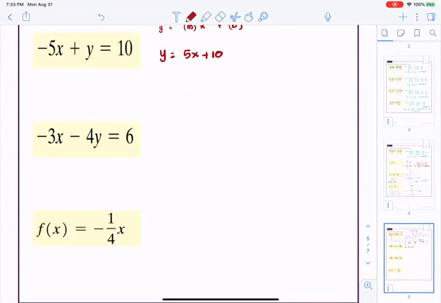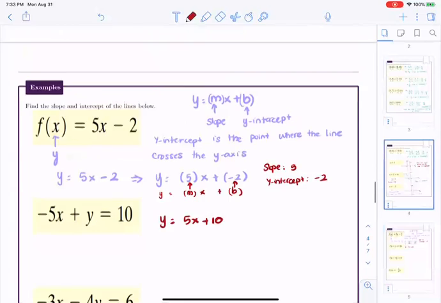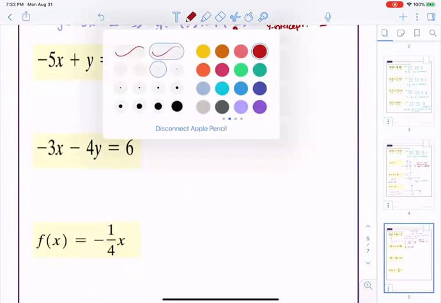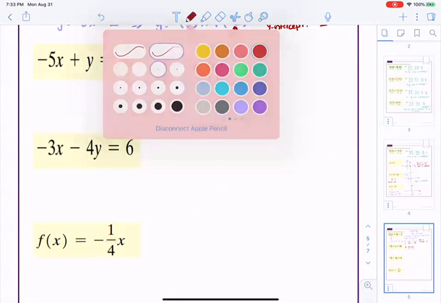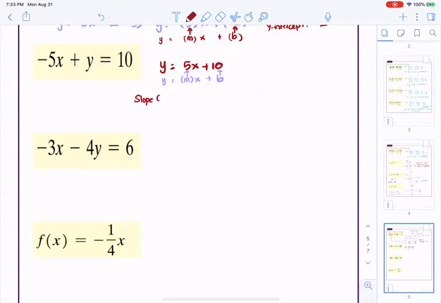Now it looks like y equals mx plus b, so I could directly compare. So the slope is 5, the intercept is 10. The key here is to make sure we have only y on the left-hand side, and the right-hand side should look like mx plus b.